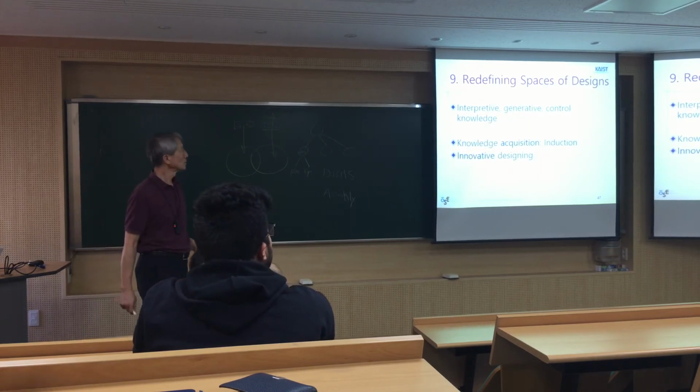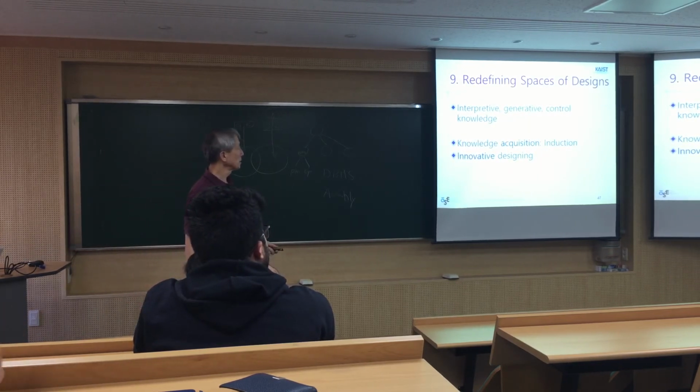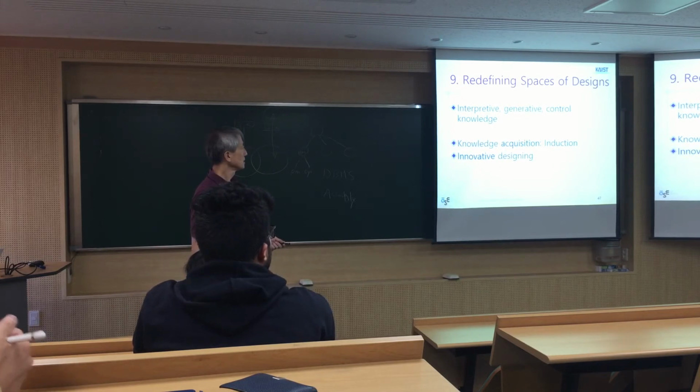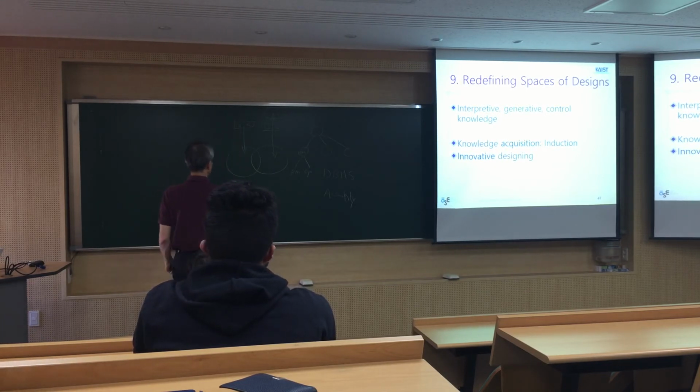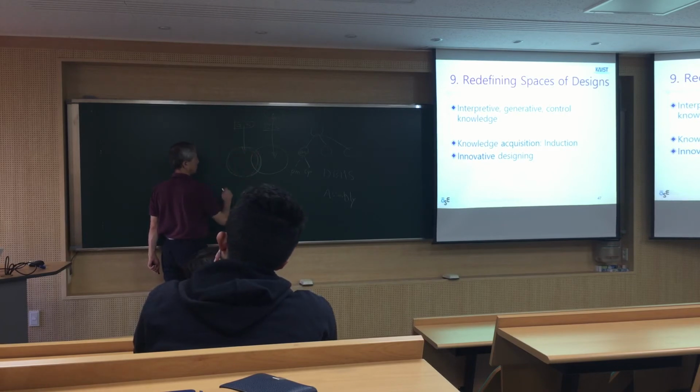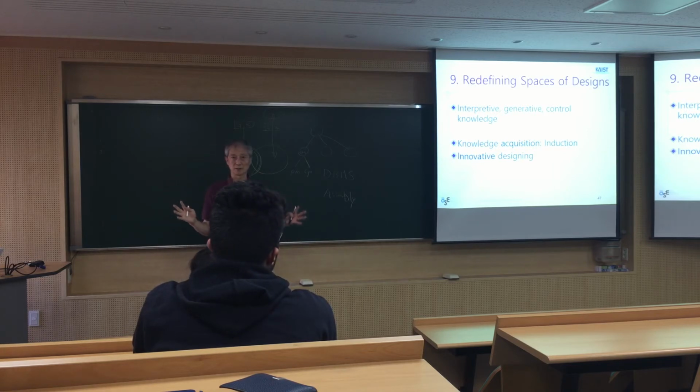Right. So now redefining the space of design. This is the design space, right? What is redefining? It is changing the shape or size of the design space. That is a different way. Until now, we just thought about making designs, single elements inside the space. Collectively, they make a design space.